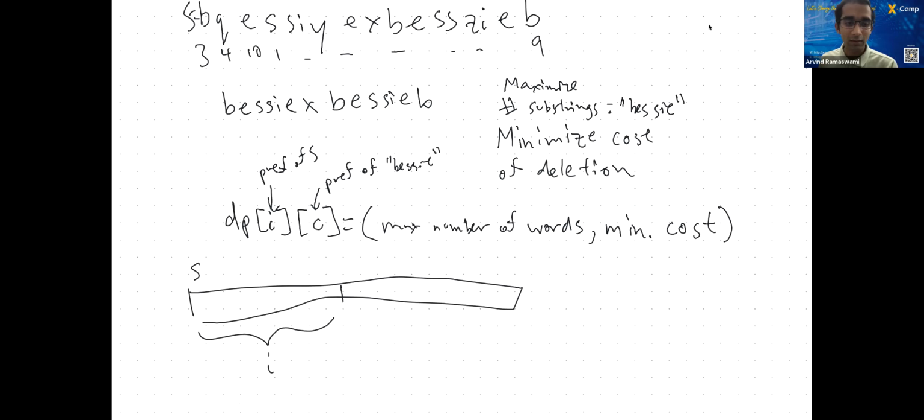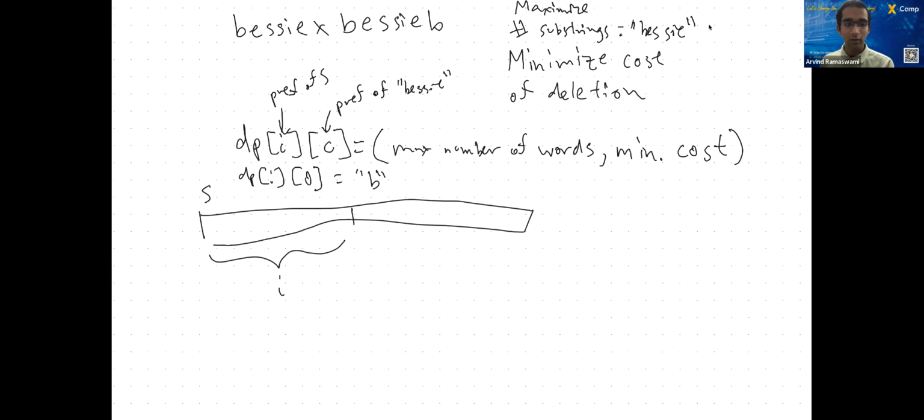So like DP[I][0] corresponds to like the last character of Bessie equal to like B, right? So let's just say that S is 1 indexed, right? So we can say DP[0][5].